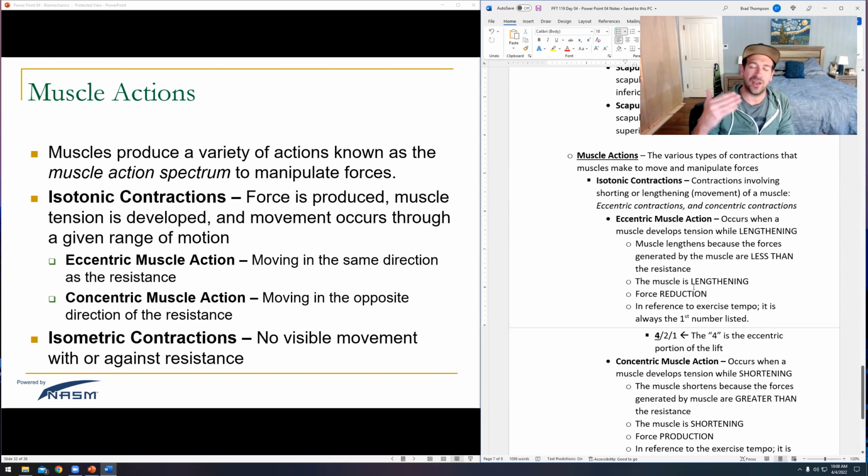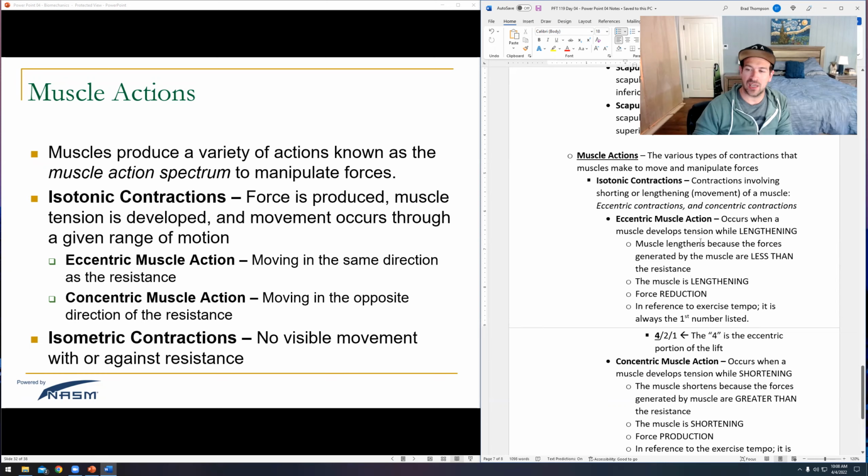But we do have what are called isotonic contractions. These are contractions that occur like moving, okay? Whereas isometric involves not moving. So isotonic is a contraction that involves either shortening a muscle or lengthening a muscle. And an isometric contraction is holding the muscle still. So don't worry about that category. Just memorize these three, okay?